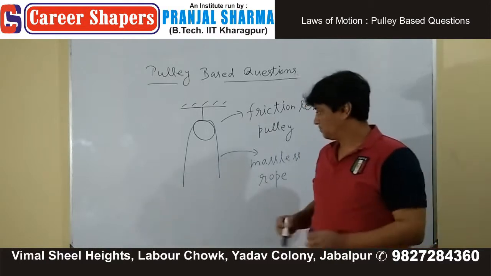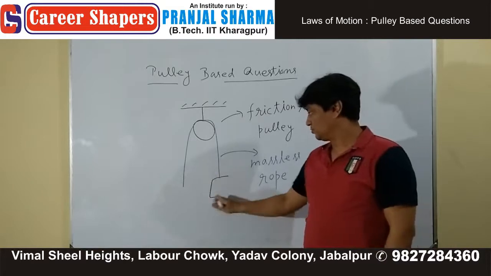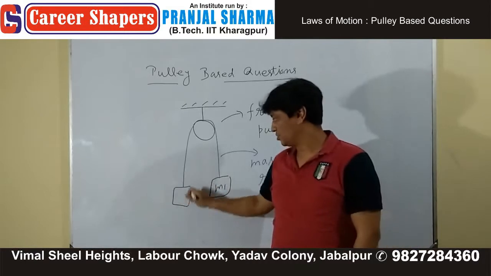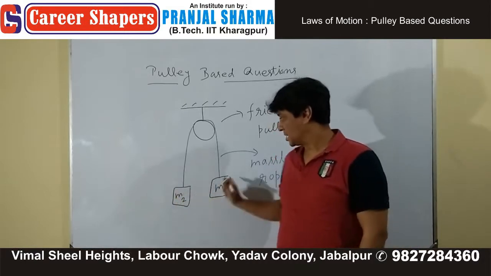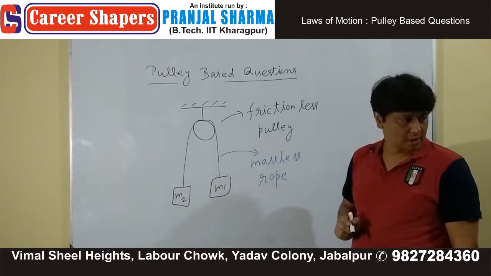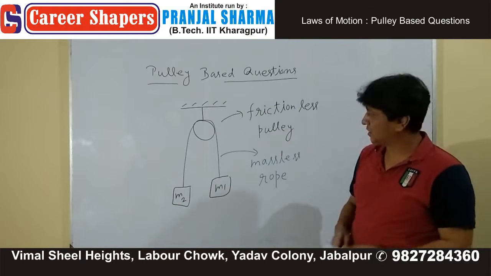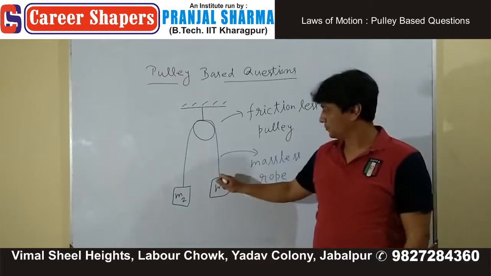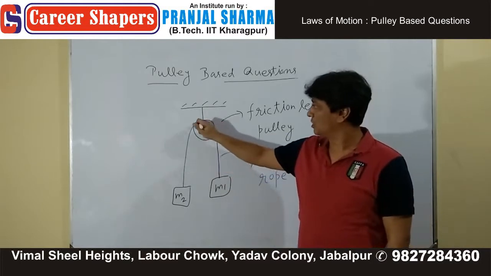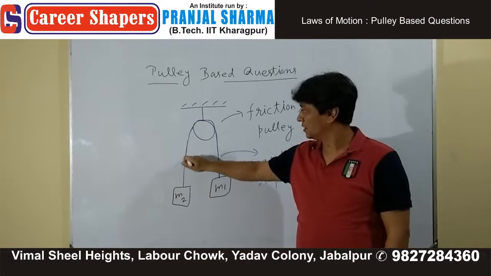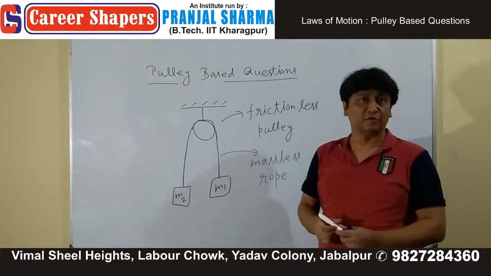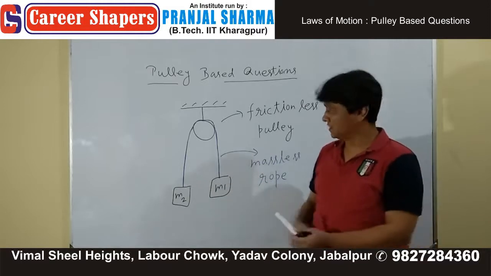And there are two objects of mass m1 and mass m2 connected at the ends of the rope. I hope you can see the whole setup. This is the rope. It's a massless rope running over the frictionless pulley, having two masses m1 and m2 at these two ends.